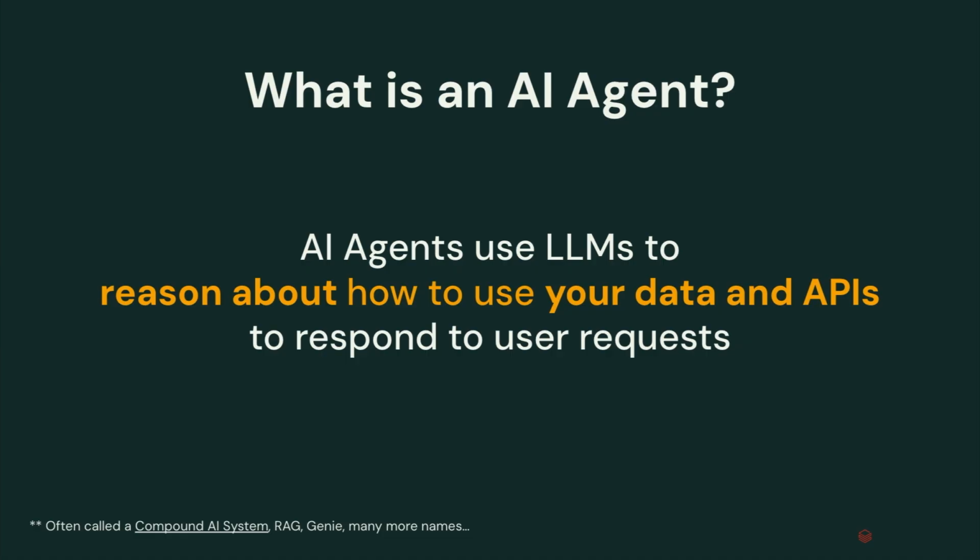We often hear systems called compound AI systems, where you have multiple agents making multiple tool calls, or RAG, retrieval augmented generation, or a Genie-style chatbot using text-to-SQL that allows users to ask natural language queries about their data, and many more. So in essence, an AI agent is a large language model's language and reasoning capability, plus decision-making, plus taking actions.